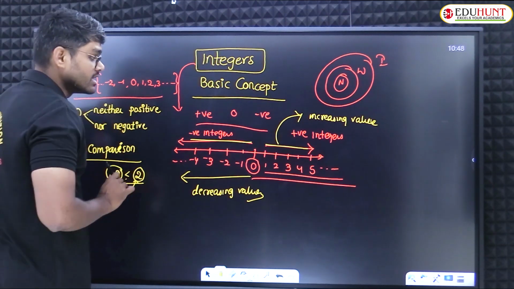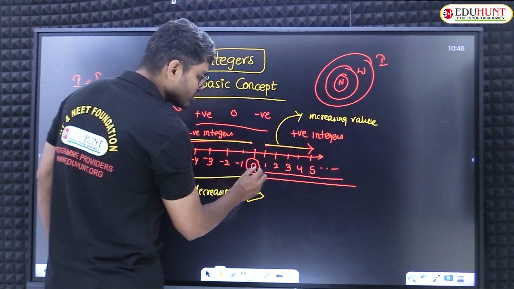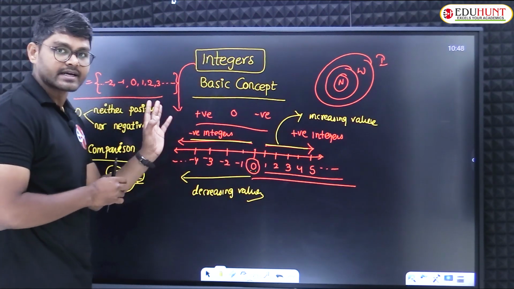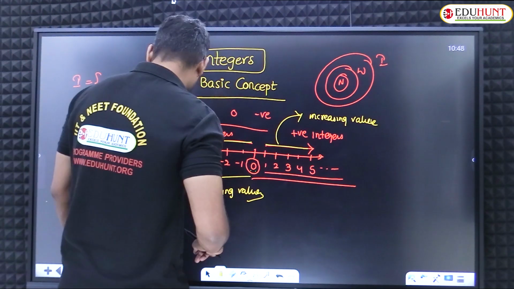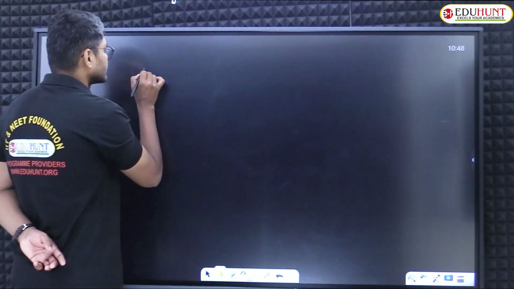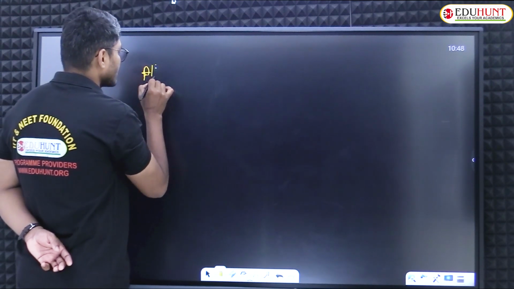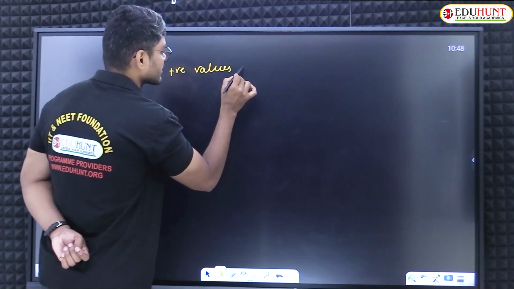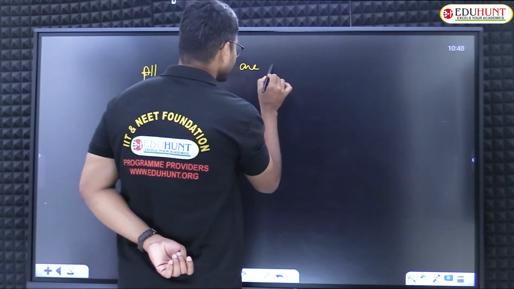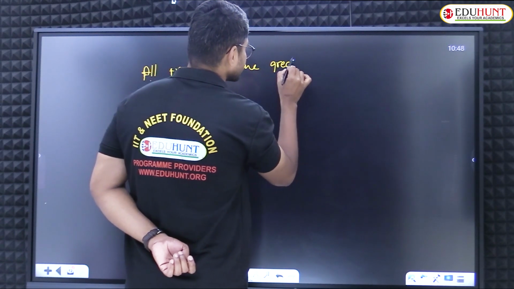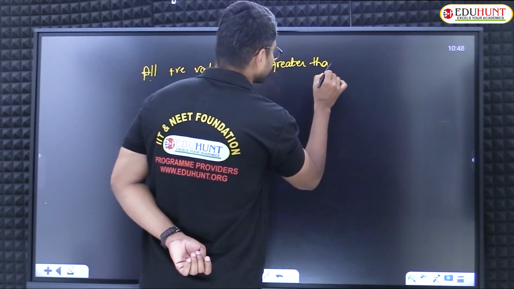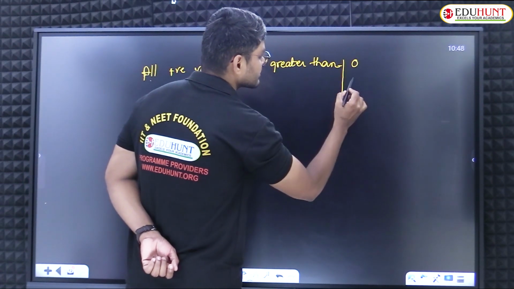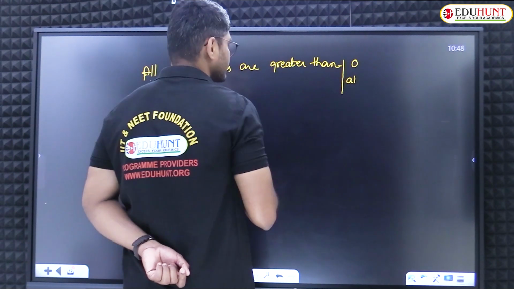Okay, this is comparison. That means from 0 to the right side, all positive values are greater than 0 and greater than all negative numbers. All positive values are greater than 0 and greater than all negative values.